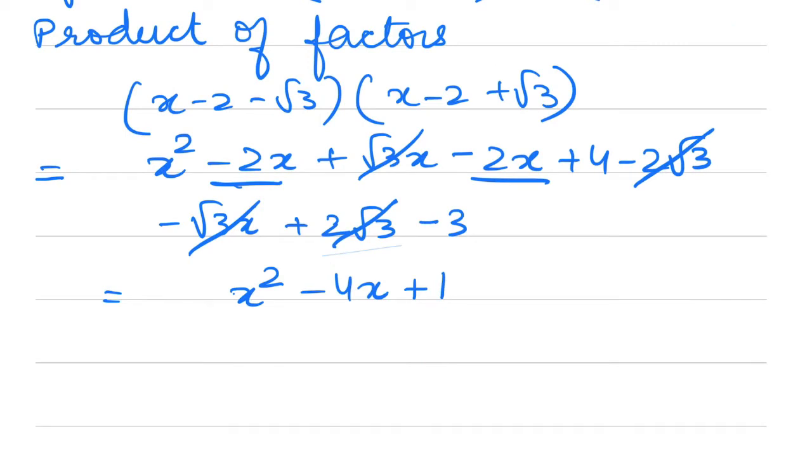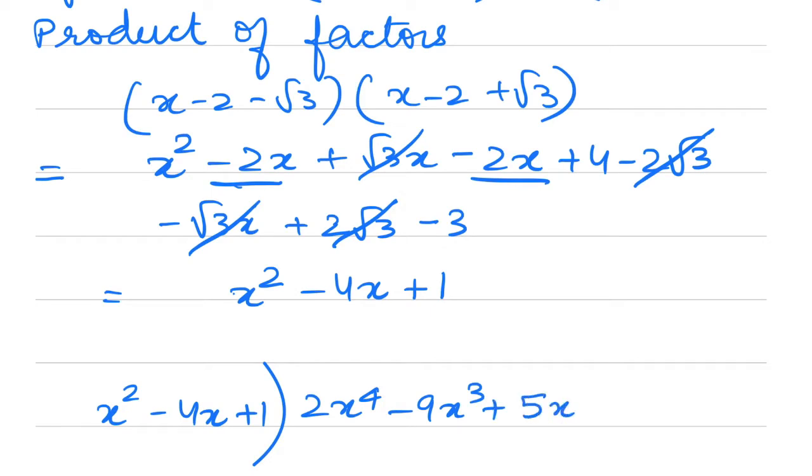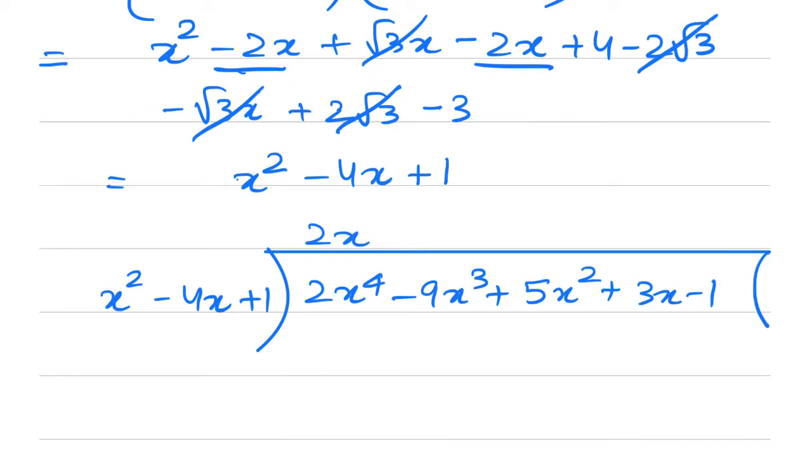Now we'll divide this. 2x4 minus 9x cube plus 5x square plus 3x minus 1. Here 2x square, this will give me 2x4 minus 8x cube plus 2x square.